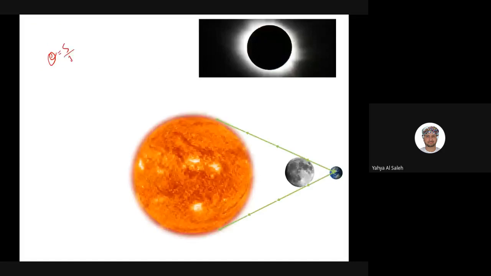So for the moon, it will be s over d, and for the sun, it will be 400s over 400d, which is still s over d. So actually, if we superimpose them, they give us perfectly the same angle, which is why having a total eclipse is even possible. Otherwise, it wouldn't.